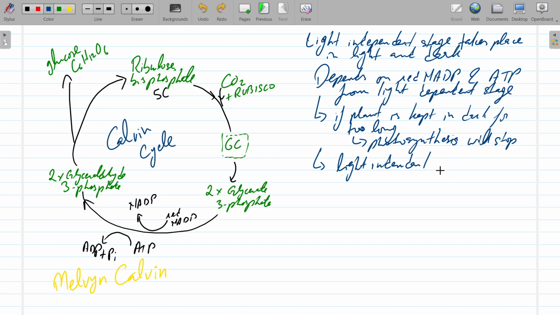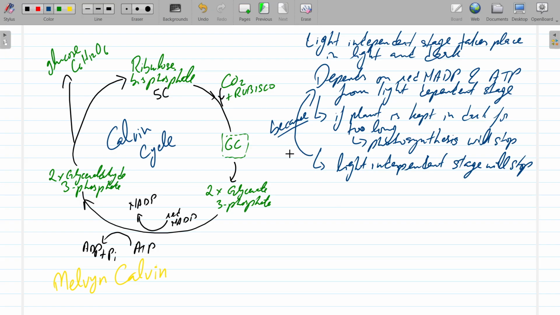Okay, independent. Respiration will also continuously happen. Well, respiration is not dependent on light. It just depends on glucose being there. So the light independent stage will stop, and the reason for that is, because you've kept it in the dark for too long, you are not getting the reduced NADP and ATP coming in from the light dependent stage.